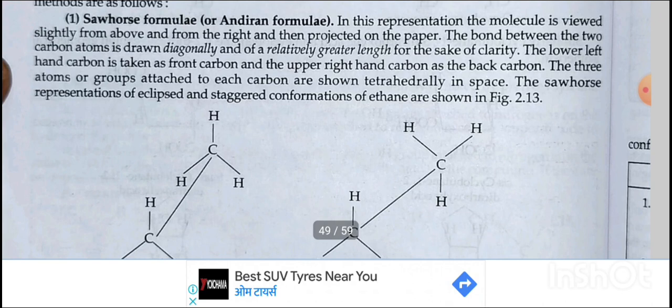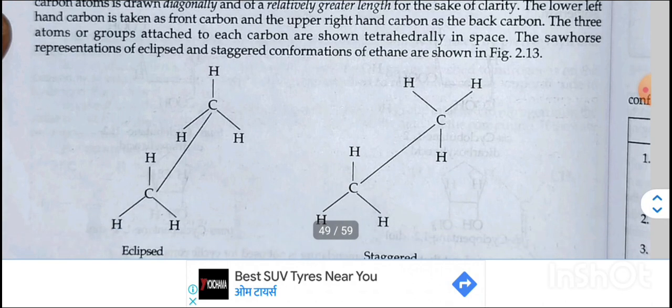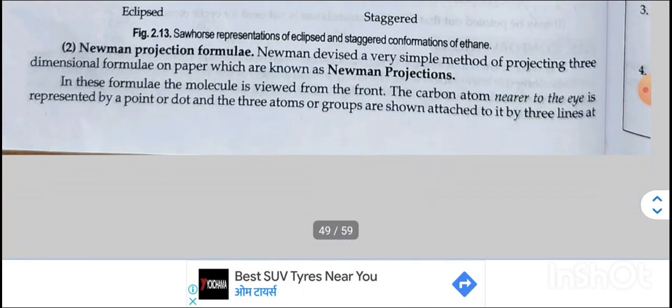The bond between the two carbon atoms is drawn diagonally, and the relative greater length is for the sake of clarity. The lower left-hand carbon is taken as the front carbon and the upper right-hand carbon as the back carbon. The three atoms or groups attached to each carbon are shown tetrahedral in space. Thus, the sawhorse representations of eclipsed and staggered conformations of ethane are shown below.